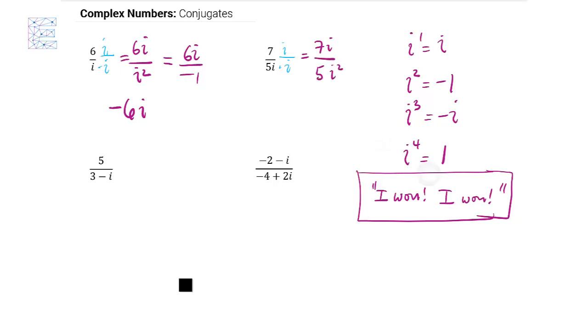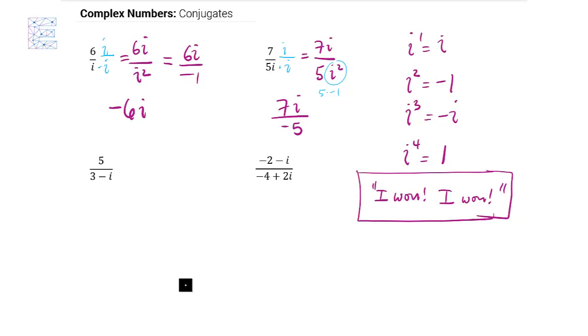Recall, though, that we know that I squared is negative 1. So really, this is 7I over 5 times negative 1. So this becomes 7I over negative 5.